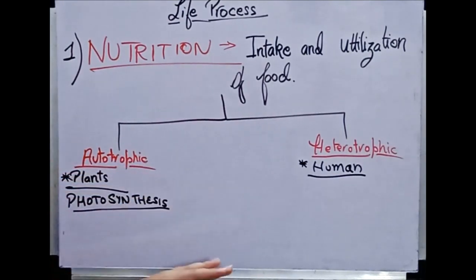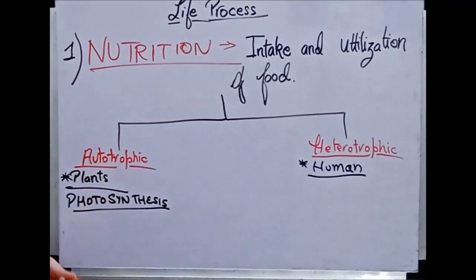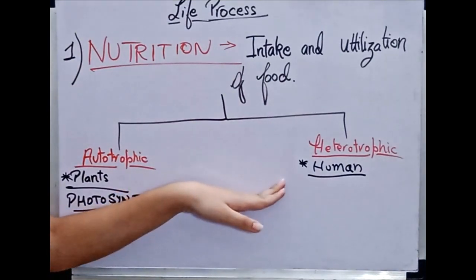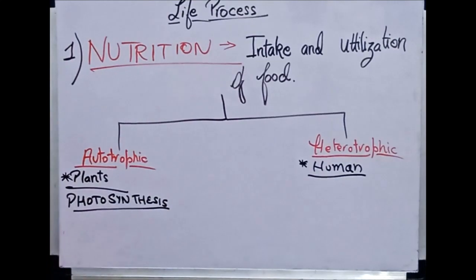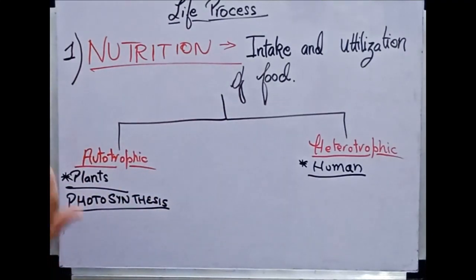Heterotrophic. So in heterotrophic, we humans, do we manufacture food? Now this manufacturing food doesn't mean that you are just cooking your food or buying it from somewhere, or spending your money on that food. It means whether you are manufacturing it on your own or not. So heterotrophic, we don't manufacture food. We don't synthesize. Synthesize means to make. Not making curry by cutting vegetables, but the process we don't do that.